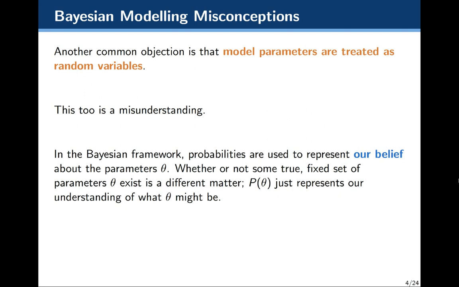It's not that Bayesians believe that these parameters or some quantity you're trying to estimate in the real world is random. It's sort of a misnomer, because we're going to use the language of probability theory to quantify our belief about those parameters. So whether or not they're fixed, it doesn't really matter to us. We're just going to use probability theory to quantify our beliefs about what we believe these parameters to be.